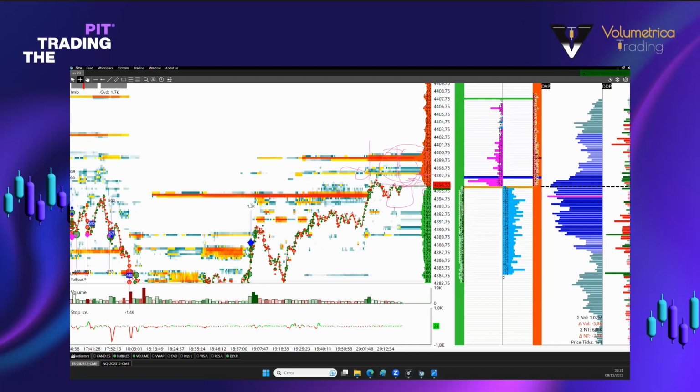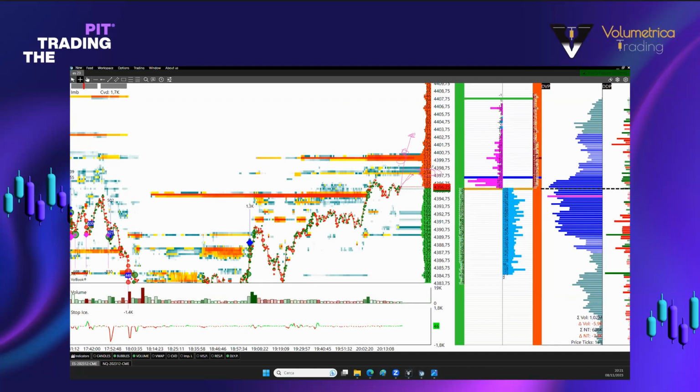Because in order for the market to go past this area, somewhere here we will need more aggressive orders than the passive ones. So we need more conviction by aggressive traders. So that's a potential resistance in this case.